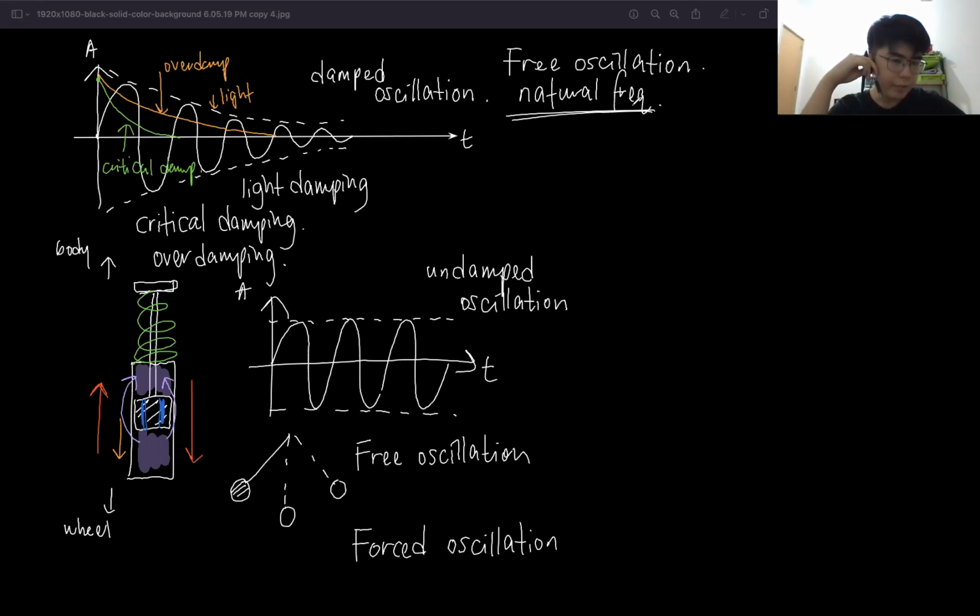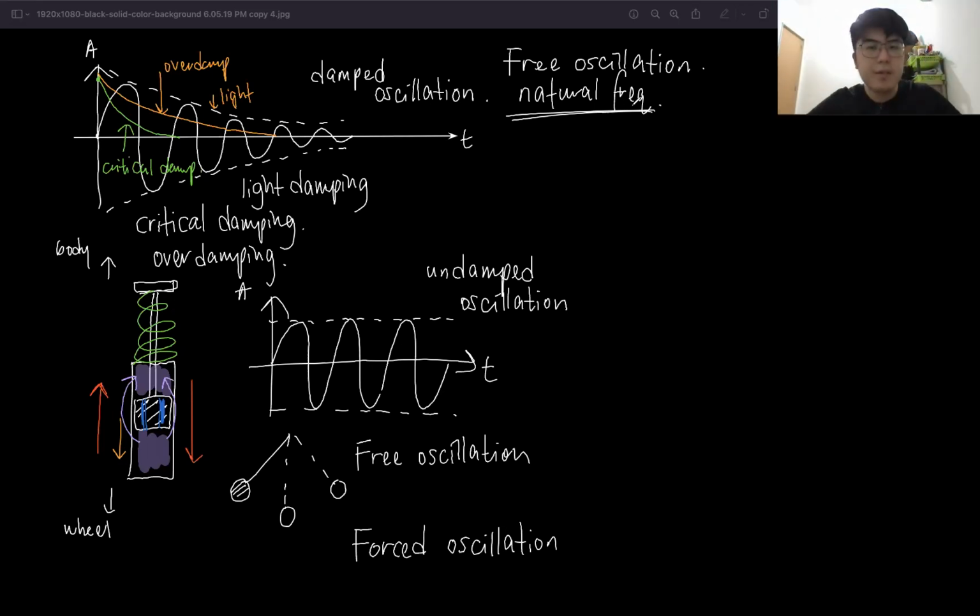Now, what if I suddenly do this? I hold it and I vibrate it like this. My paper keeps flying around. Wait. I hold it and then I vibrate like this. So what is this? I'm applying a force, and this is called a forced oscillation because I'm disturbing the system by applying a force.